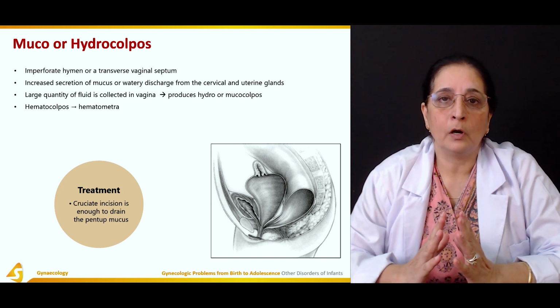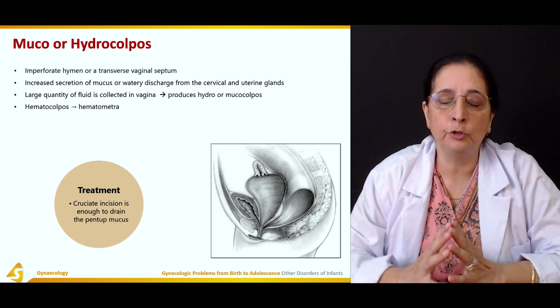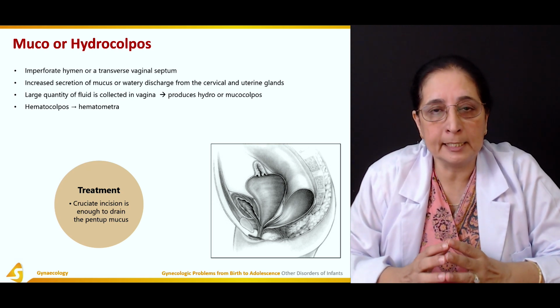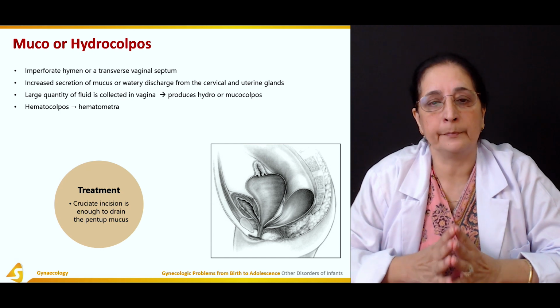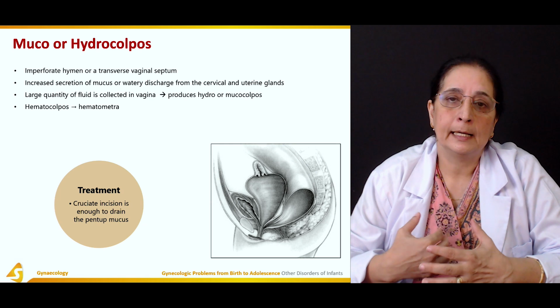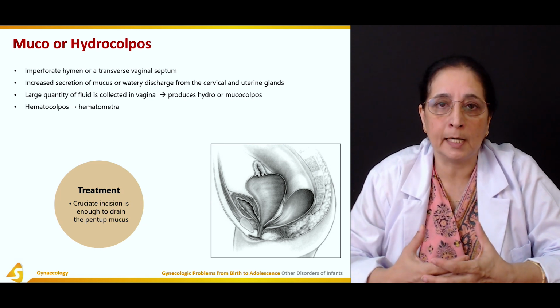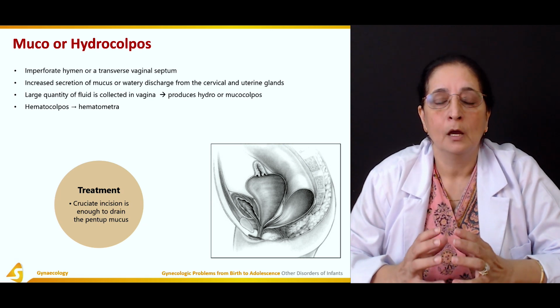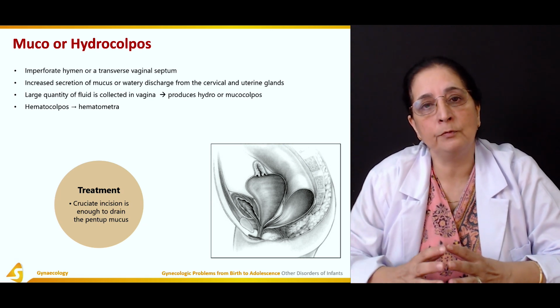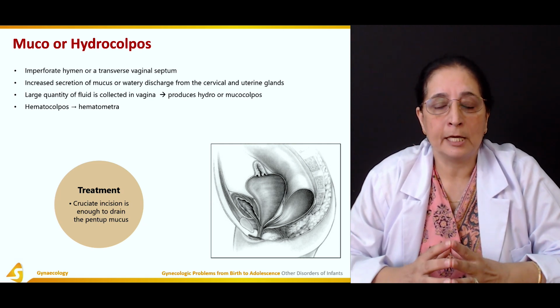So mucocolpus, hydrocolpus or hematocolpus is due to imperforate hymen or a septum present in the vagina. This can cause collection of the mucus, fluid or blood in the vagina or the cervix that leads to formation of mucocolpus or hematocolpus.